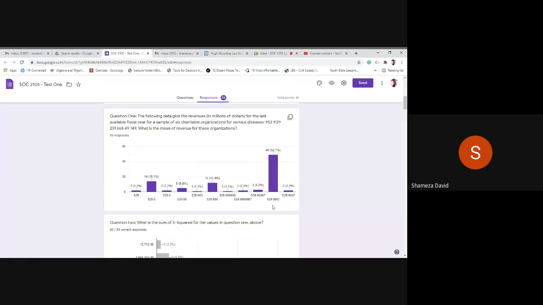So the correct answer, to 4 decimal places, being 529.6667, all of these would have been acceptable. That's why you see none of this is marked incorrect. So most persons would have been able to get this within the acceptable range.